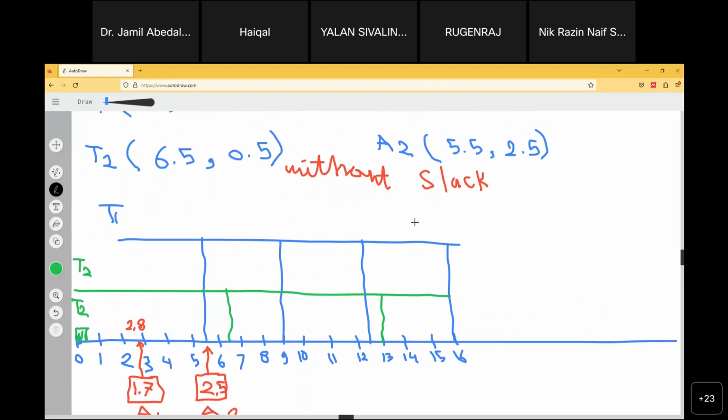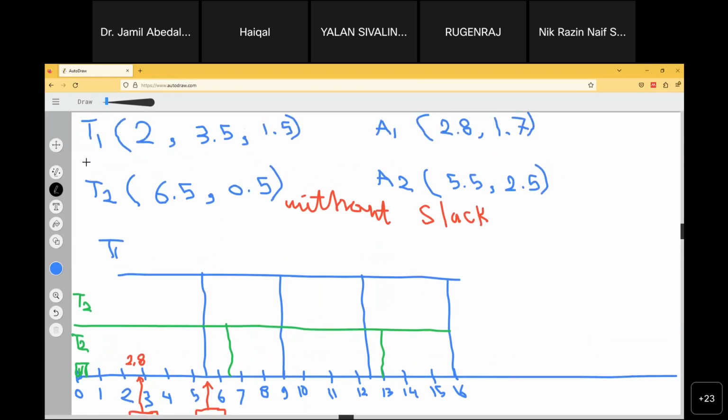This is without slack stealing, so we use the same color. From 2, we execute task 1. How many units do we need to execute of task 1? 1.5, correct. 1.5 starting from 2, so here, 1 unit and a half. This is for task 1.